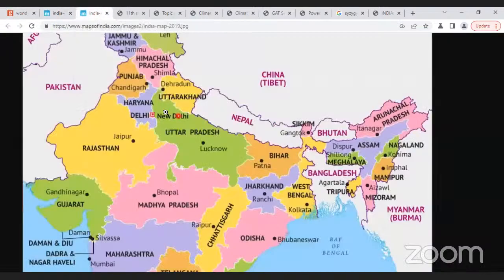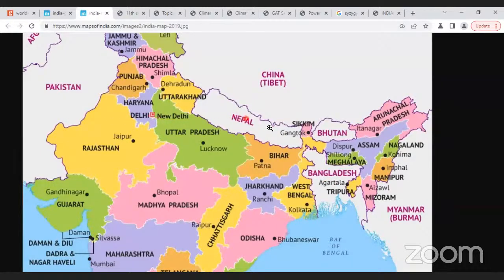No problem. Even if we look at the major capitals, you can see Delhi is already here. Kathmandu is a little lower than Delhi. Thimphu is also pretty much at that same latitude. But Dhaka is even lower.